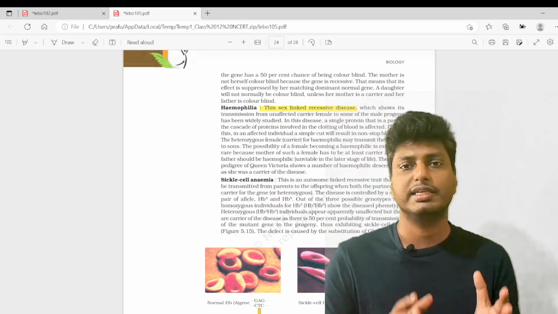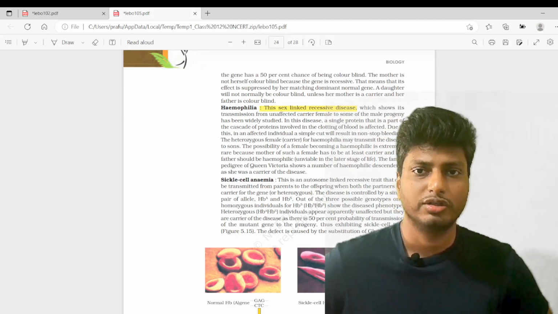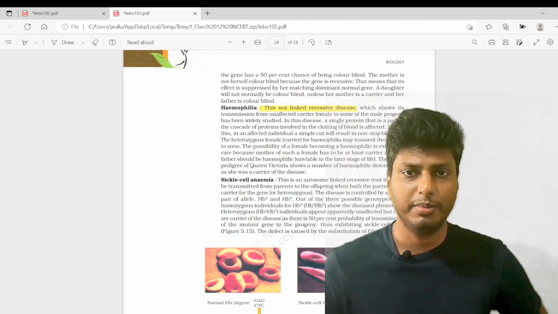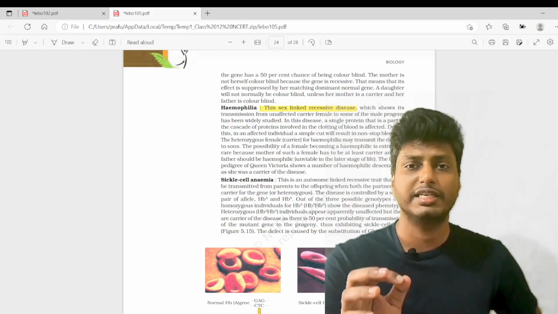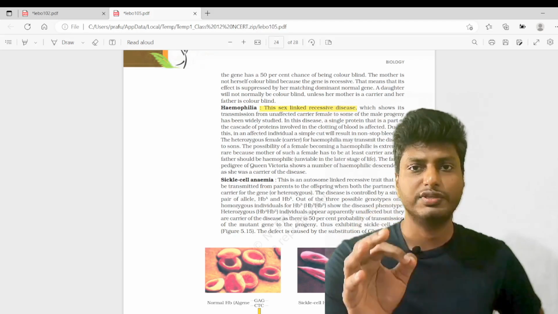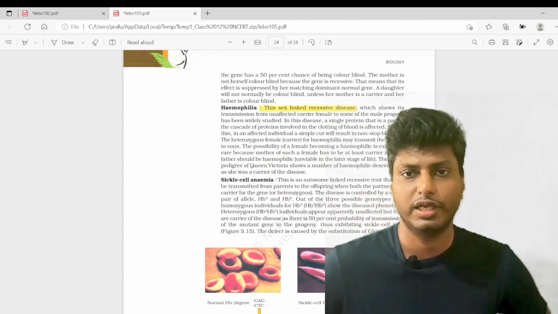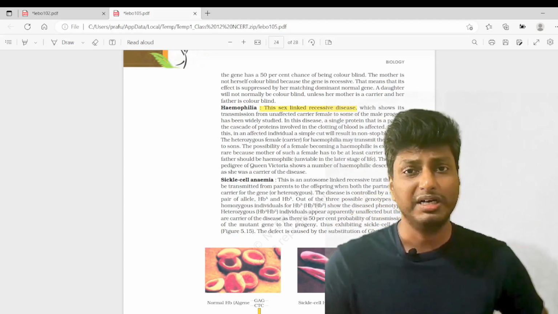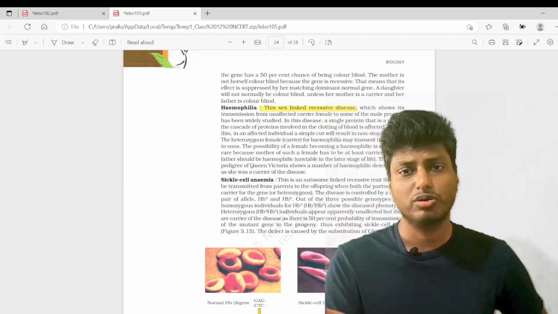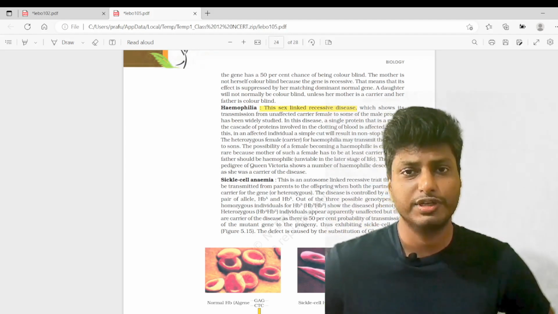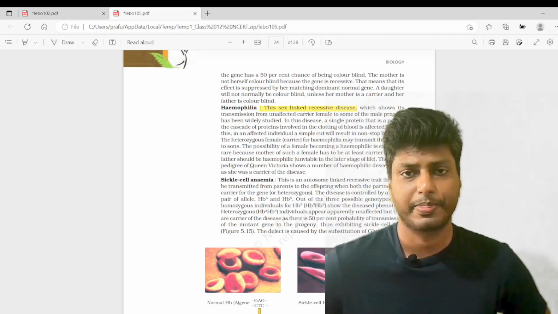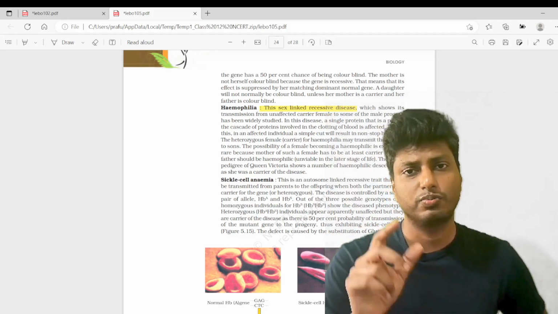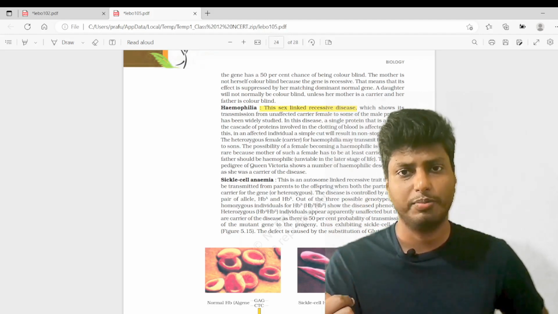Since this is a recessive condition, let's say a female has one recessive gene for hemophilia on one X chromosome, but the other X chromosome has a normal gene which forms the clotting factor.